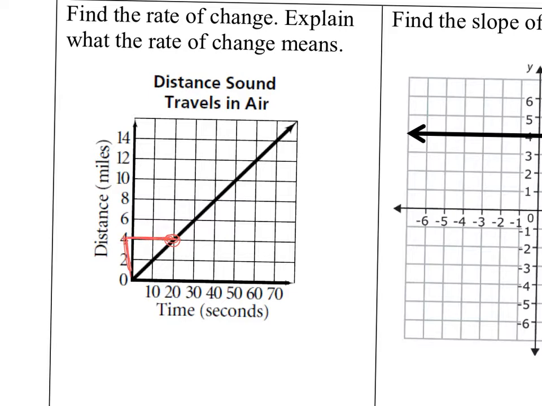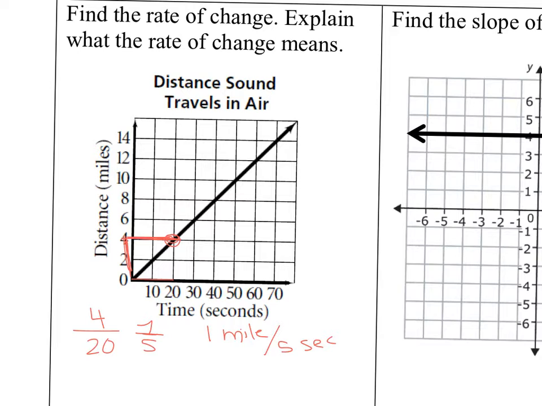Be careful not to just count the boxes. Don't go up 2, right 2. You actually have to look at the units. So it's up 4, right 20. I want to reduce that, and I want to make sure I write units. So it's 1/5, but to write it in units, it's 1 mile per 5 seconds.